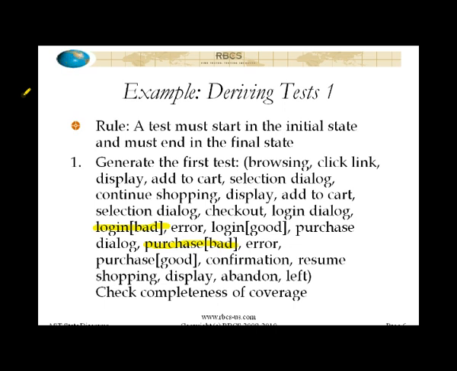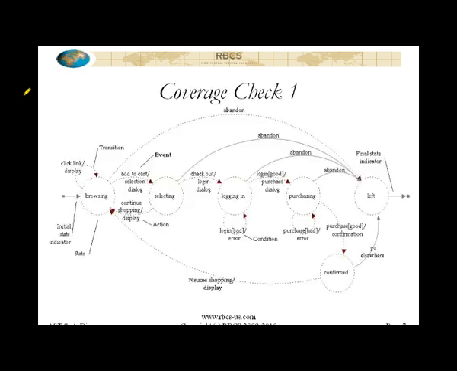And it's usually about traceability of the test results back to a limited set of conditions. Okay, so after this first test is run, you see the coverage check here. Notice that the things which have been covered, the transitions and the states, are shown with dotted lines.